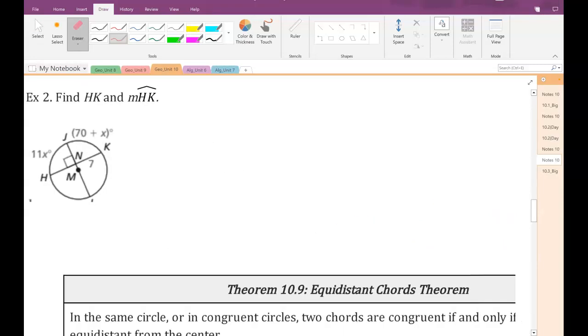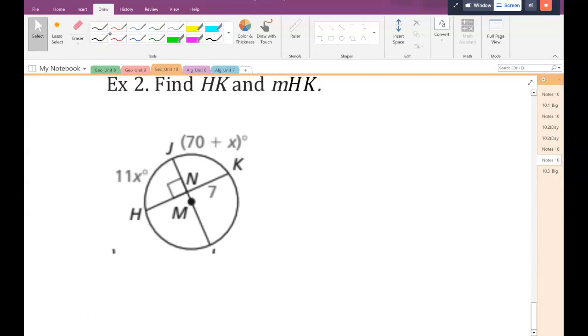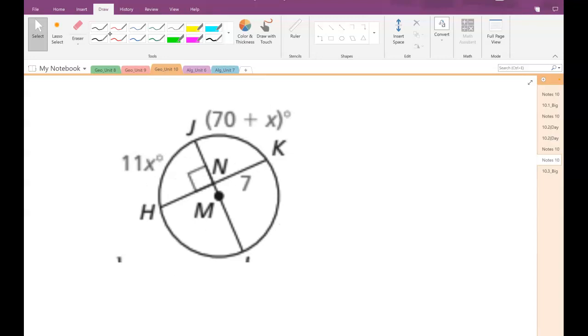So let's see what we have here in this diagram. We're trying to find HK and the measure of minor arc HK. So we're given that we have a perpendicular angle.